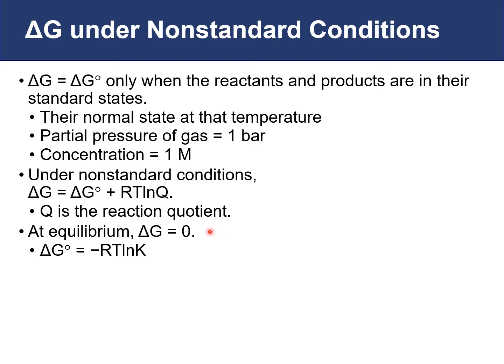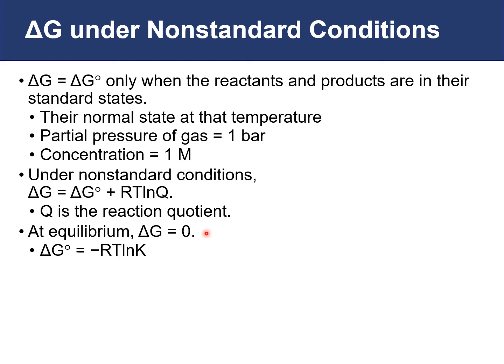So if we're at equilibrium, that would be where there is no driving force for the reaction. Again, a reminder, the Gibbs free energy is sometimes called the chemical potential. It represents the maximum amount of work energy that we can get out of a system under constant pressure conditions. So if we're at equilibrium, the reaction has no driving force to go anywhere.